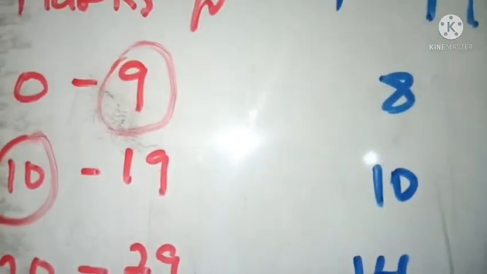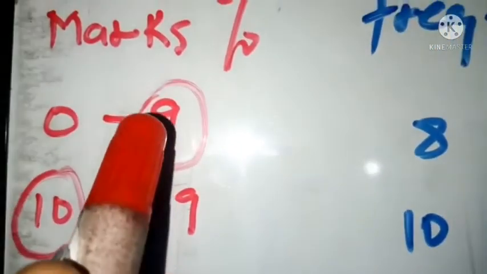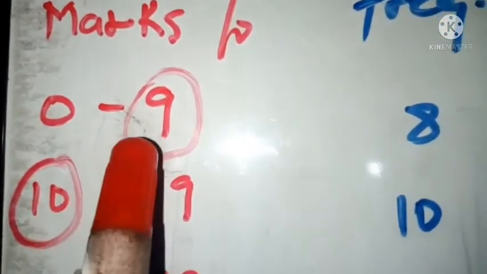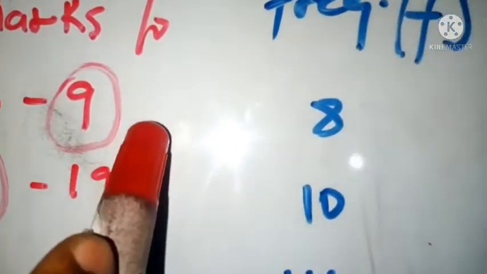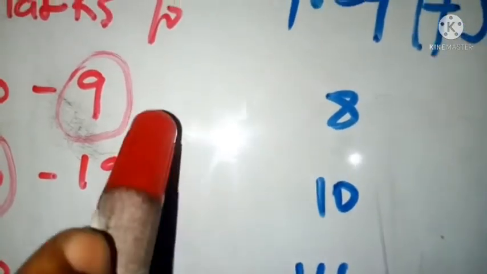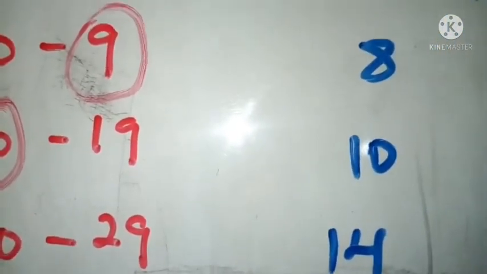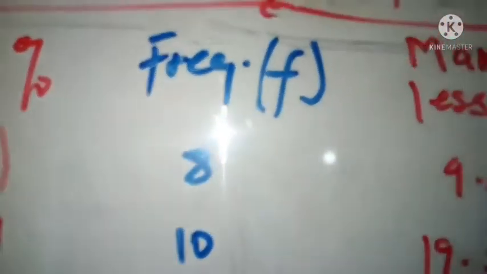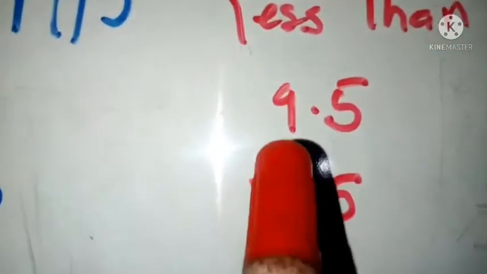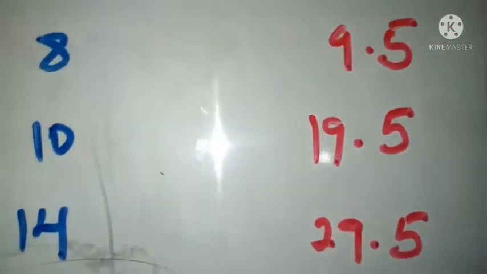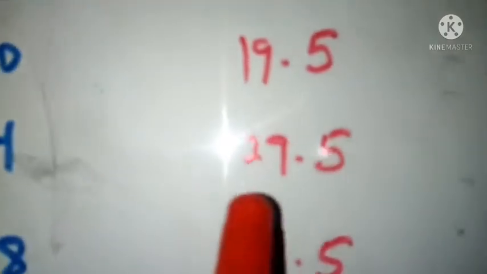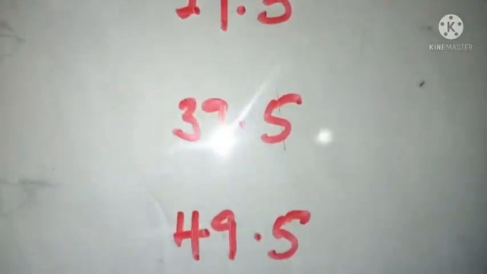So this is how you find your marks less than. After subtracting, you divide by 2, and the answer that you get, you add to the outer marks, the big boys at the back. You can see that here we are having 9.5, then 19.5, 29.5, 39.5, and so on and so forth.